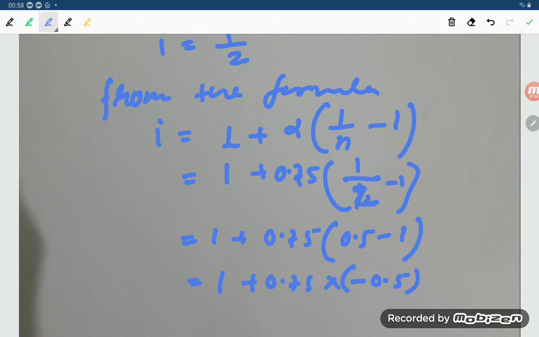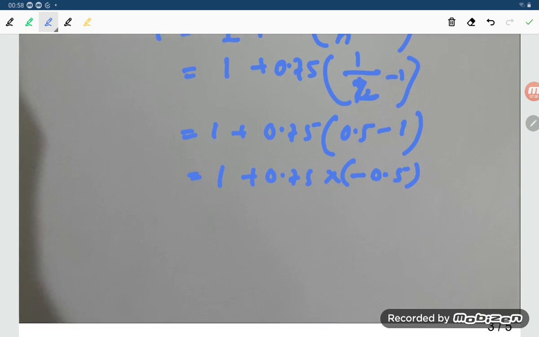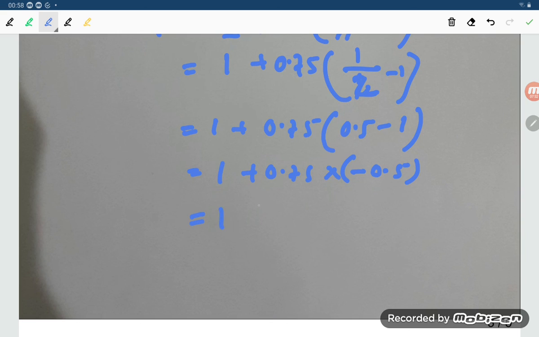Solving, it is 1 minus 0.375, which comes to 0.625.